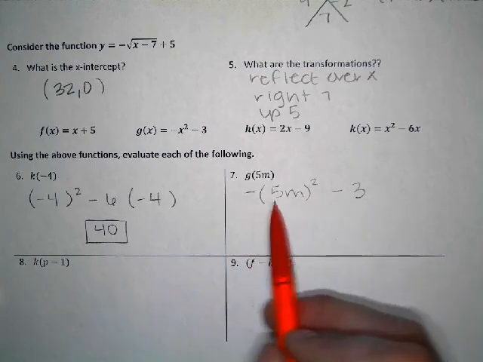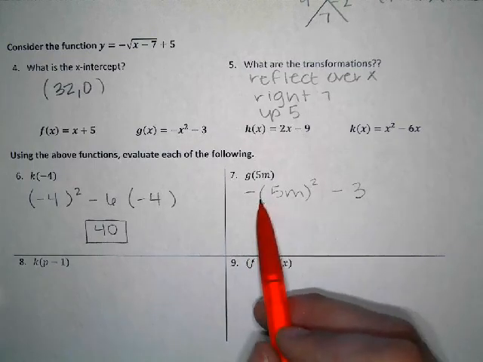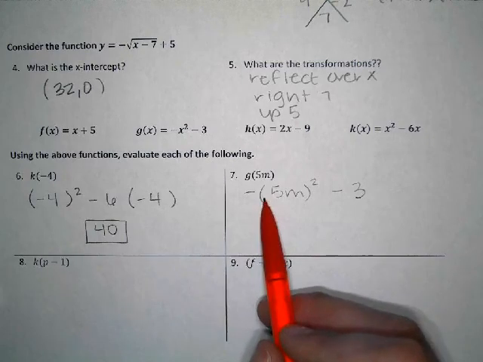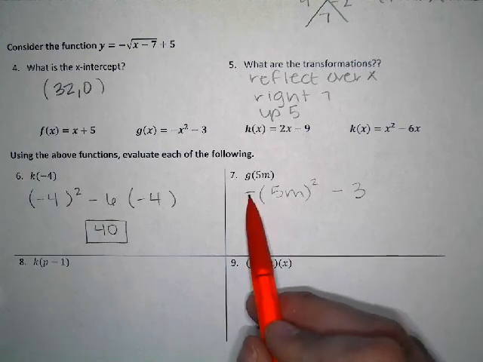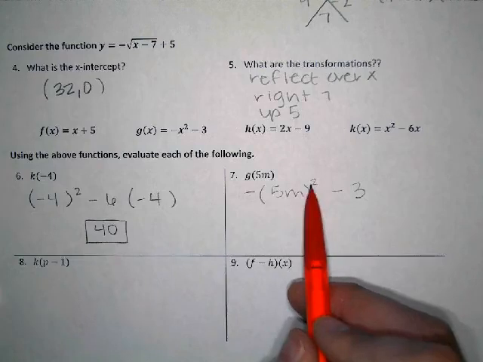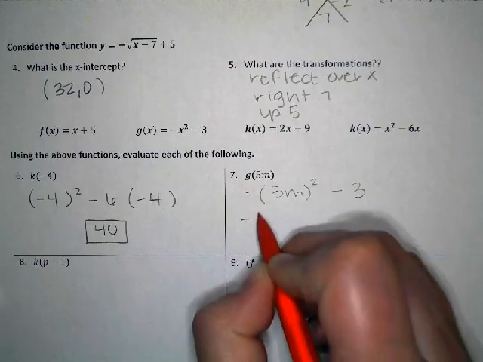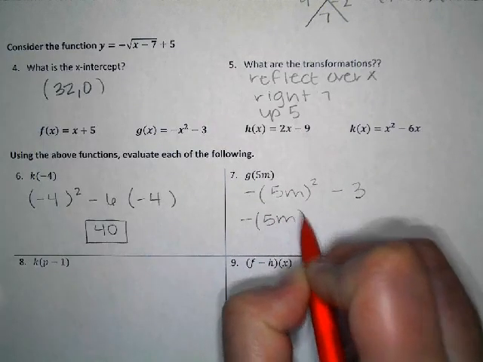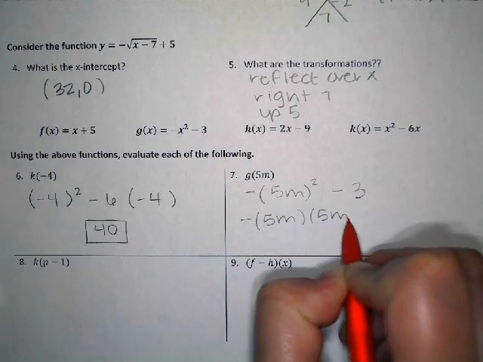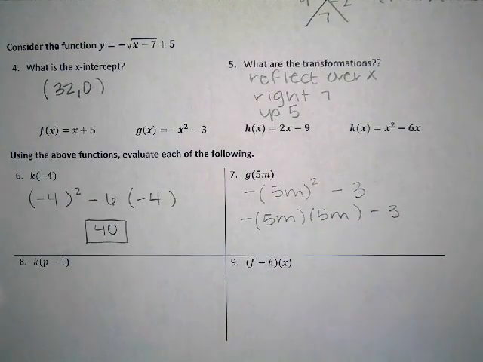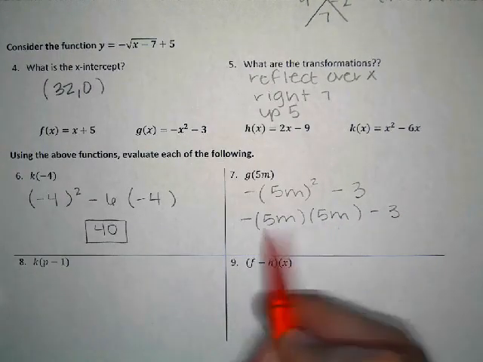Can you distribute the negative? Yeah, so when it comes to a negative in the front or an exponent, we do the exponent first. So the exponent tells us to write it how many times? Twice. So I'm going to write 5m twice. Okay. And then what does this give us?